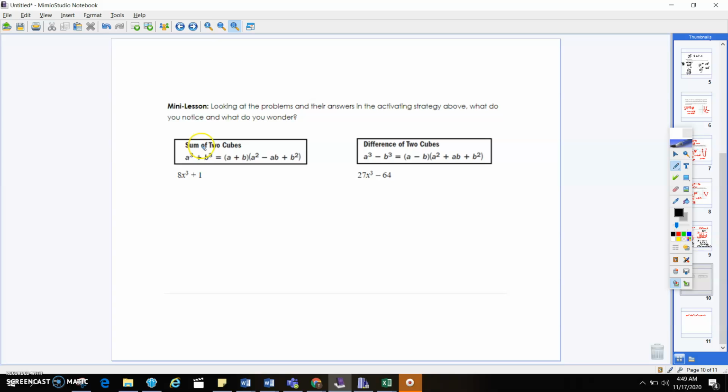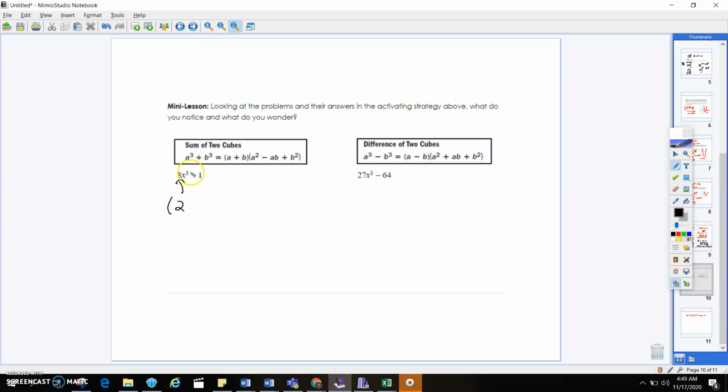Okay. So really quick, sum of 2 cubes. So we've got a cubed plus b cubed equals a plus b, a squared minus ab plus b squared. Okay, don't get caught up in this lettering. So a is going to be something cubed. So to break this down, what's the cubic root of 8?